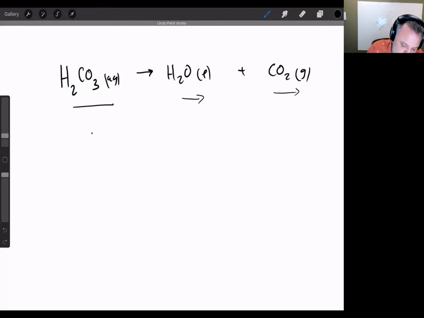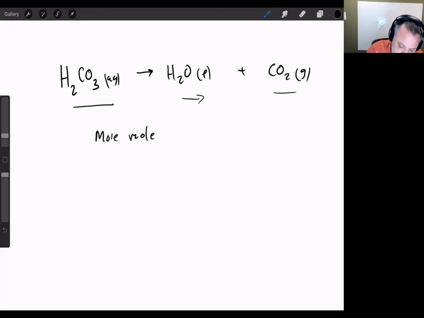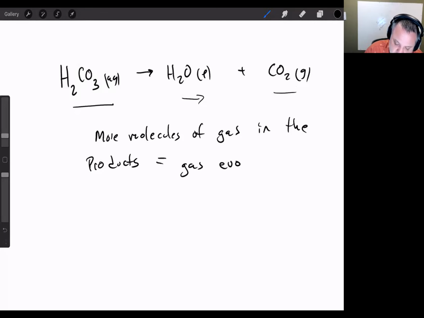If there are more molecules of gas in the products, then this is a gas evolution reaction.